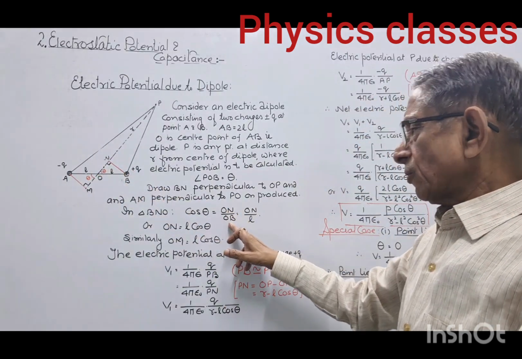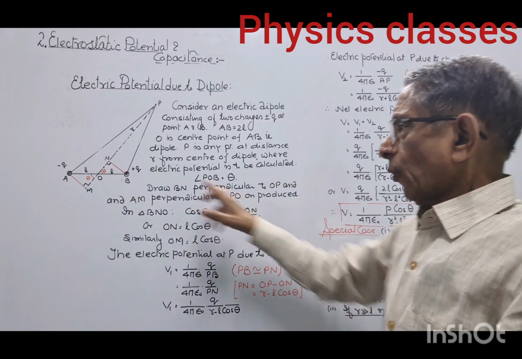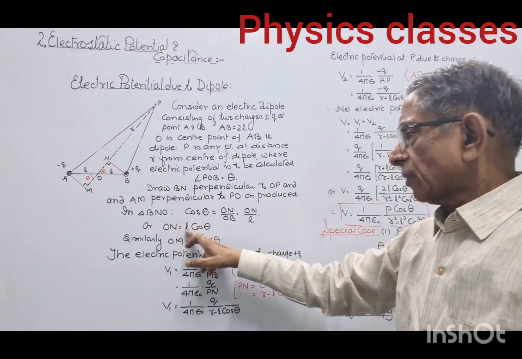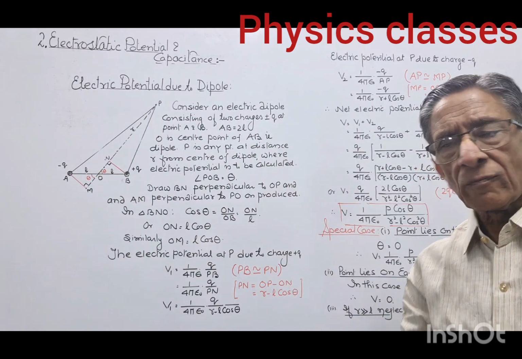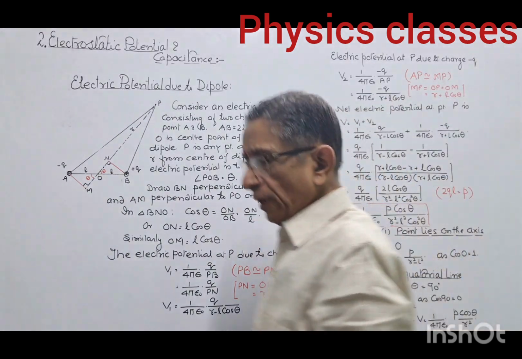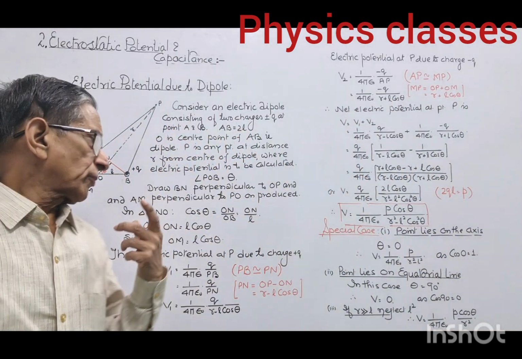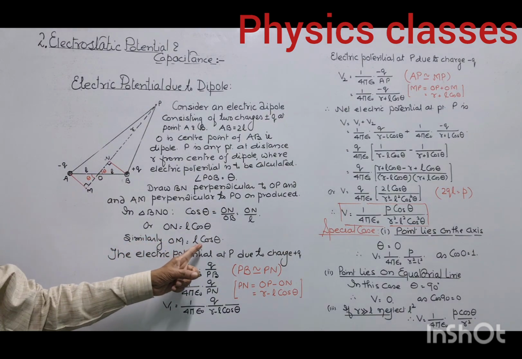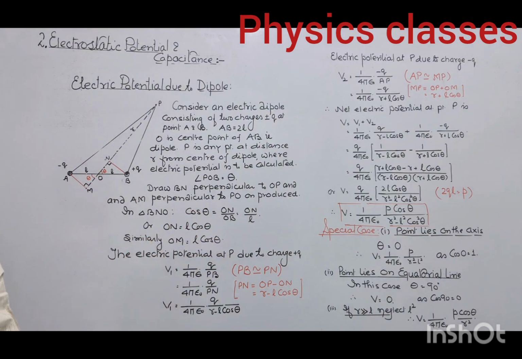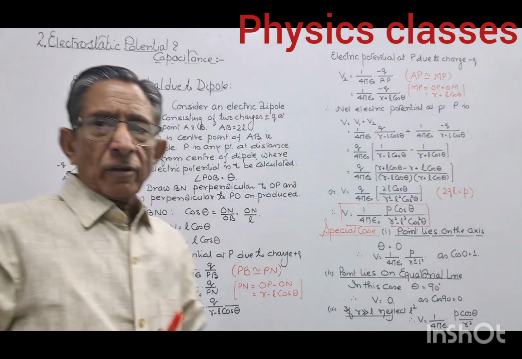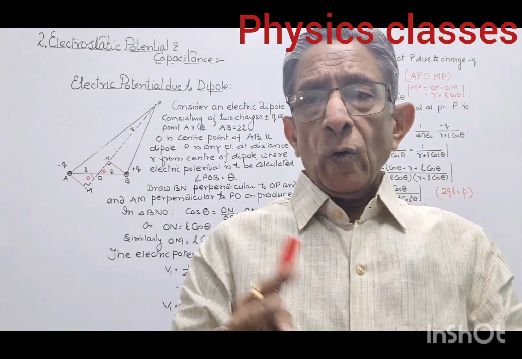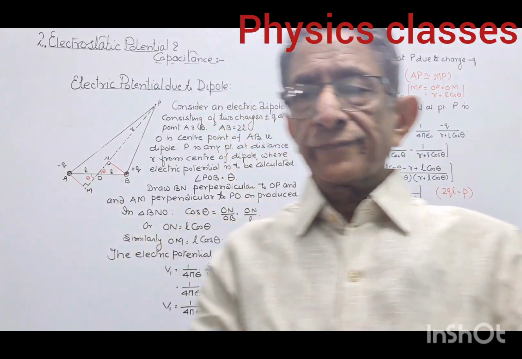Base is ON, hypotenuse is OB. I can replace OB by l, so ON is equal to l cos theta. So we have obtained the value of ON, that is l cos theta. Similarly, the value of OM is equal to l cos theta. So first we have calculated the values of ON and OM.